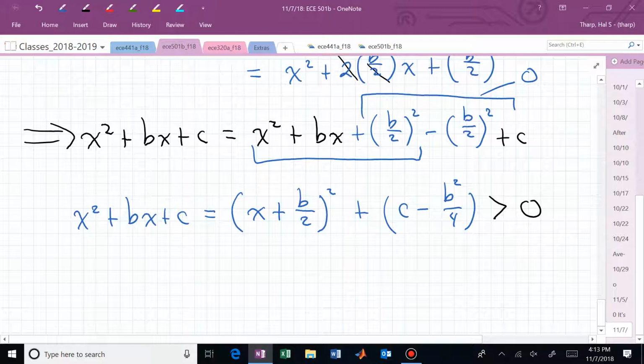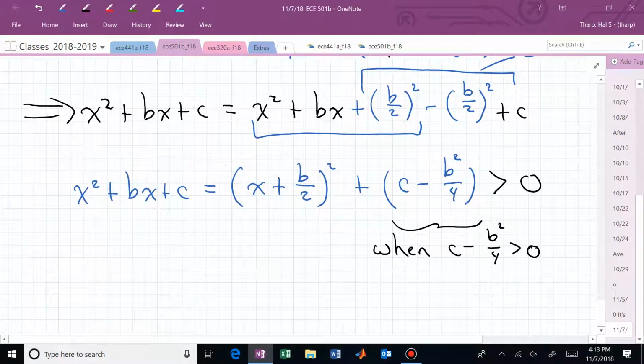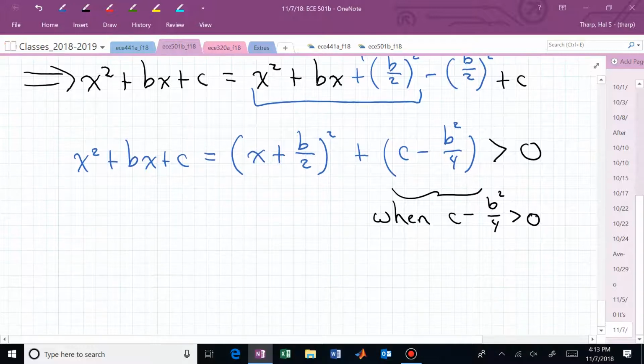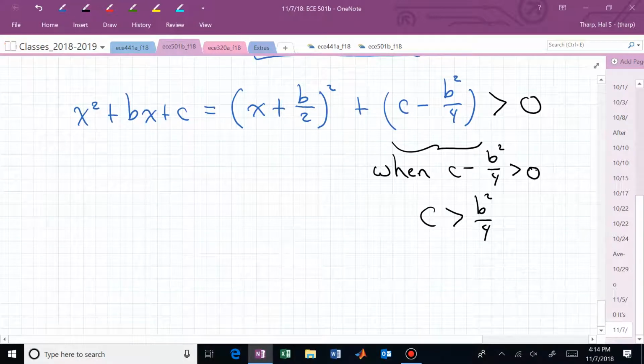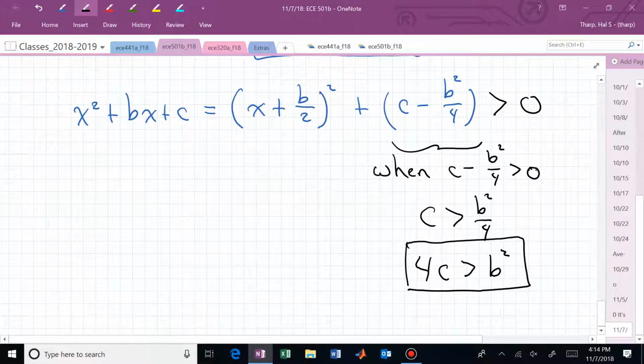But now, as long as I can ensure that c minus b squared over 4 is bigger than 0, then I can be assured that x squared plus bx plus c is bigger than 0. And this is true for c bigger than b squared over 4. Or if I multiply both sides through by 4, I can say as long as 4c exceeds b squared, I'm going to have that quadratic always bigger than 0.